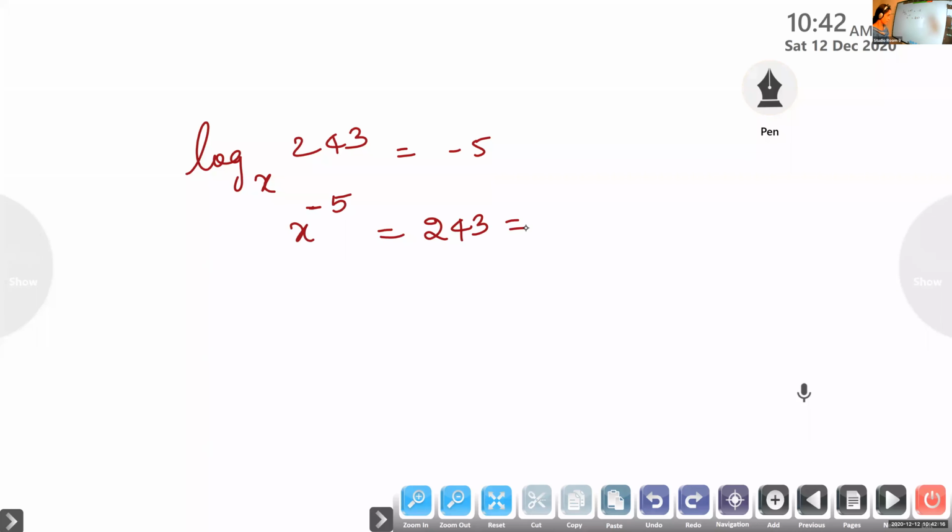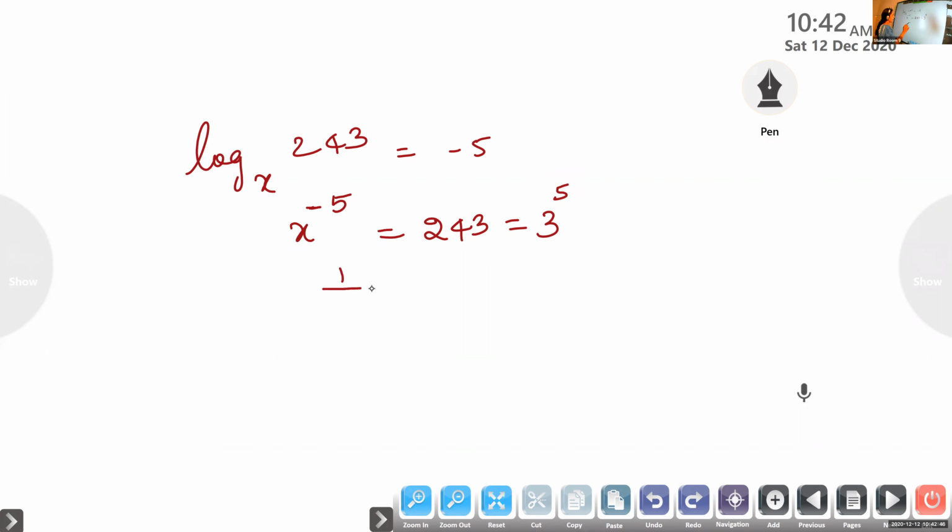Earlier we did this one, prime factorizing. Here 243, prime factorizing, what will you get? 3 raised to 5. Is it correct? Yes, it is.